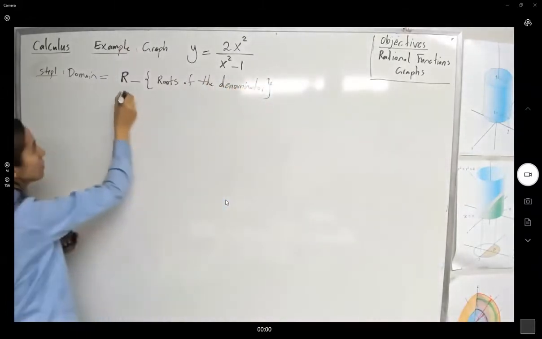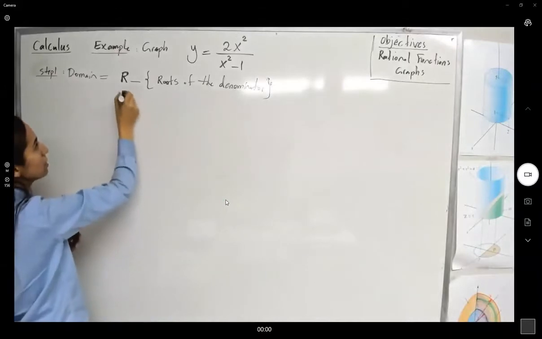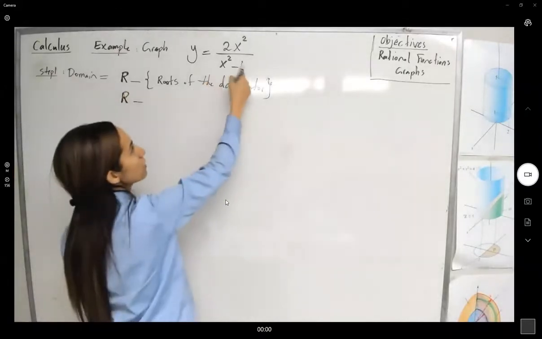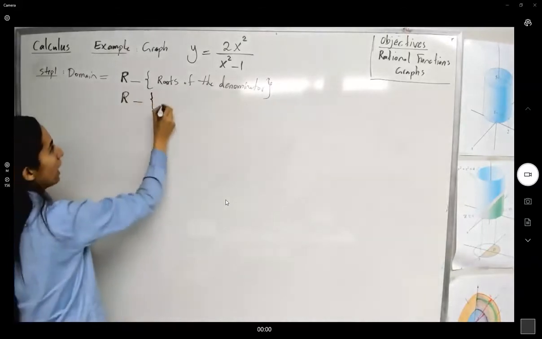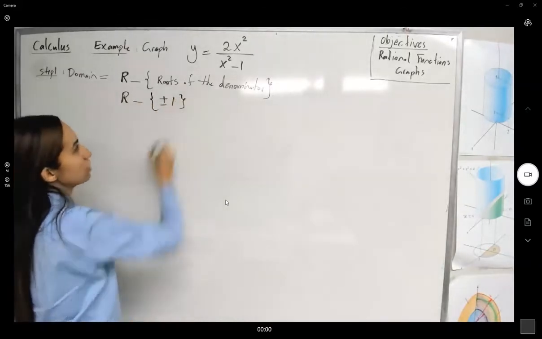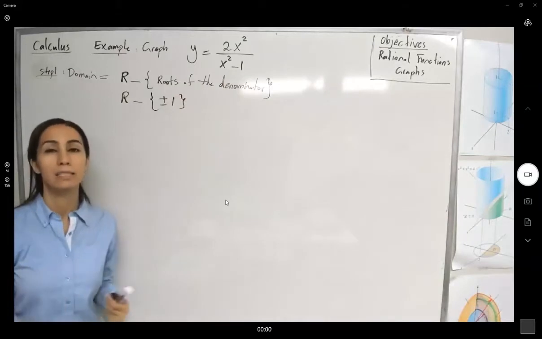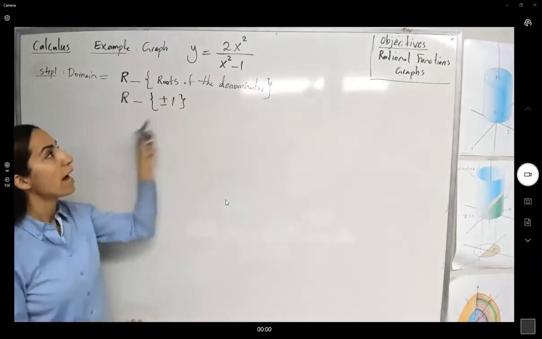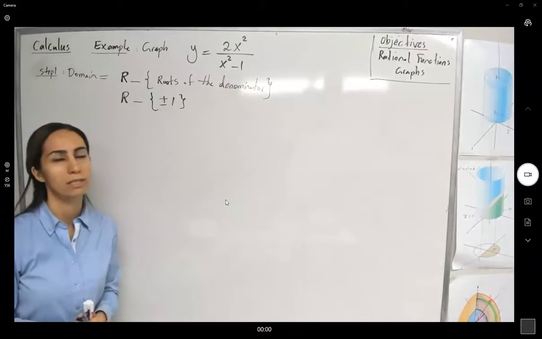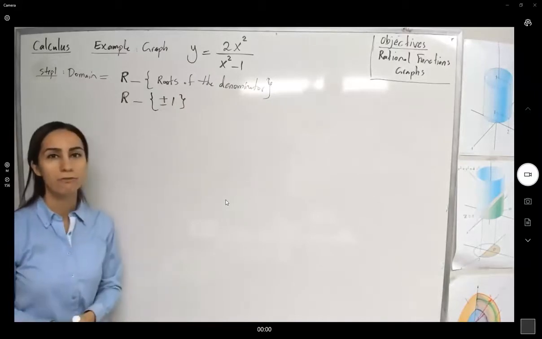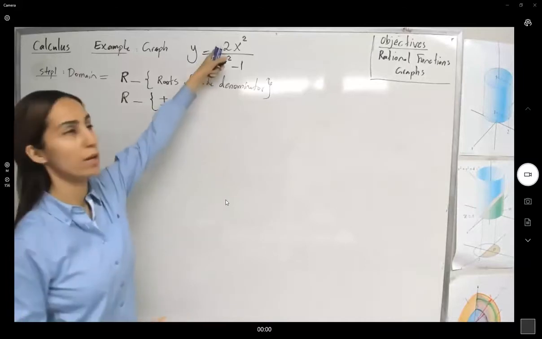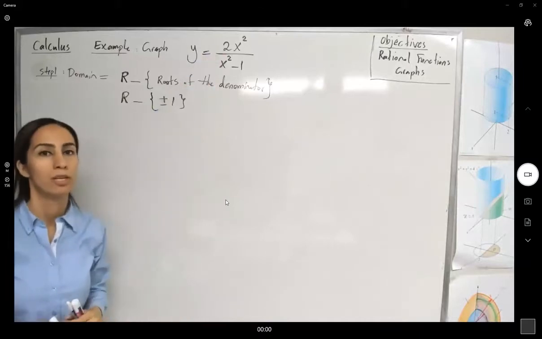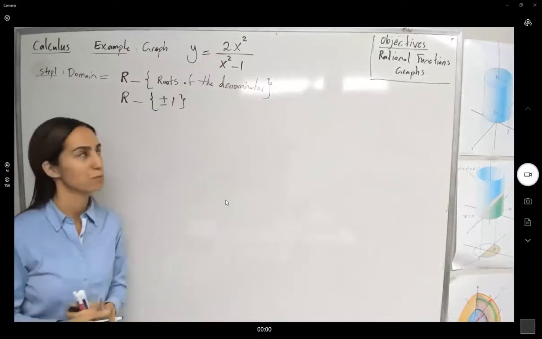So it is R minus, what are the roots of the denominator? Plus or minus 1. We accept every real number except for 1 and negative 1. Why is that? If you plug in 1 and negative 1, you're going to end up with y equal to a number divided by 0. You're going to end up with asymptotes.